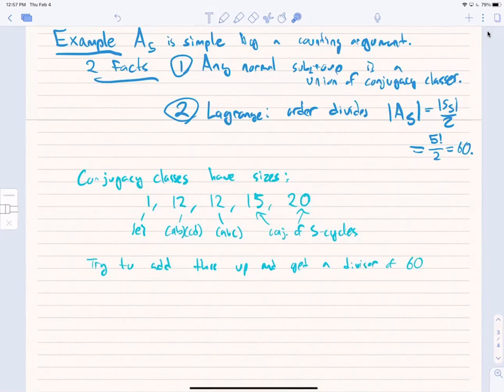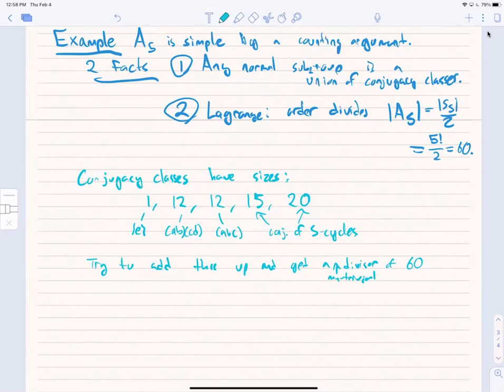So you want to get a non-trivial divisor. But well, you can just do them all by hand. You might say, oh, 20 is a divisor of 60, but it's a subgroup, so it always has to contain 1. This is an argument that you can sometimes make, not just for A5 but for other groups, to show a group is simple.